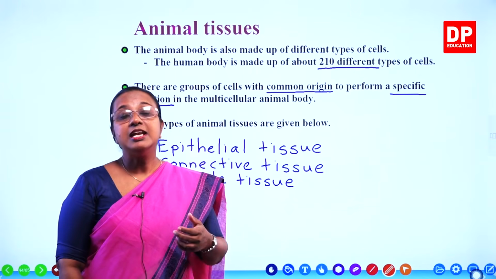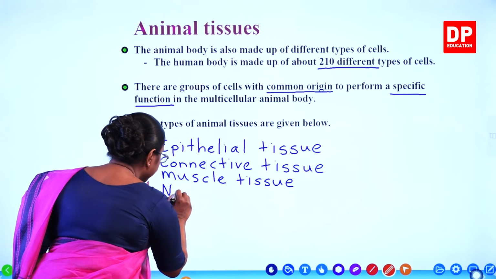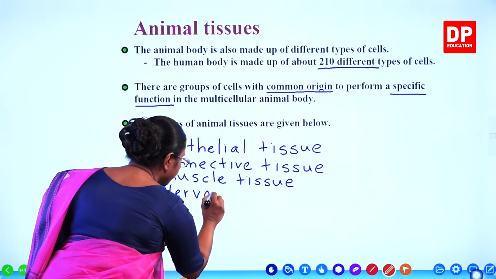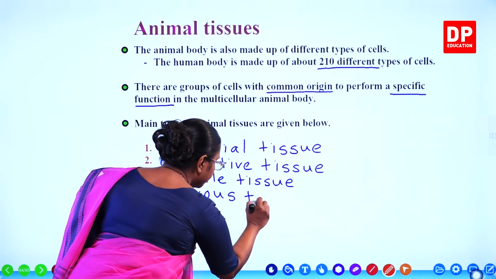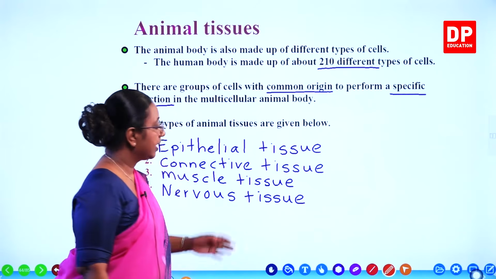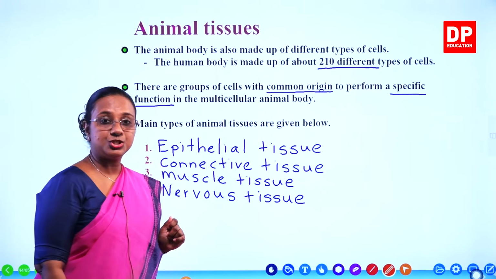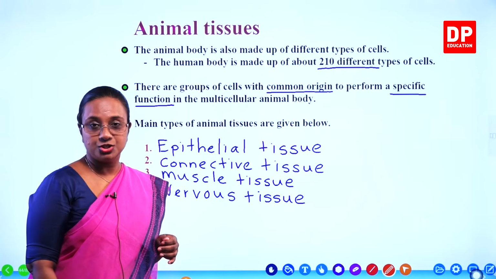That is the nervous tissue. So the fourth type is nervous tissue. Epithelial tissue, connective tissue, muscle tissue and nervous tissue.